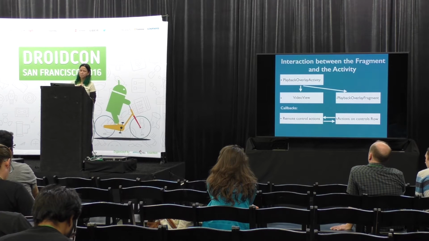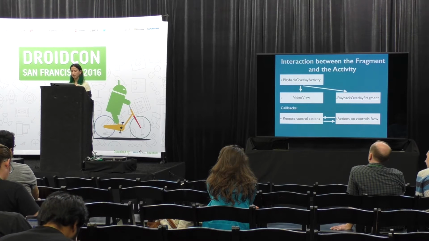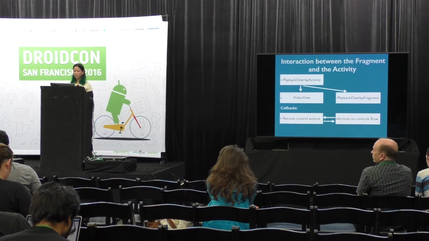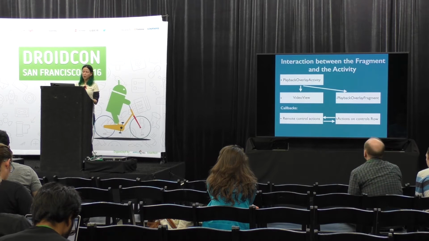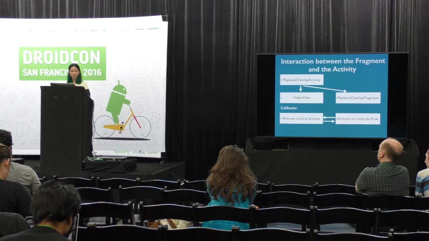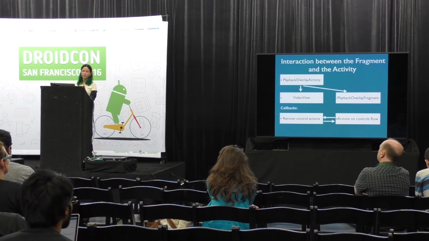Now, the playback overlay activity contains the video view, and it also contains the playback overlay fragment. And there are two ways to control the video. One is by clicking on the actions on the control row that is in the fragment. And the other is by just clicking the remote control for pause or play. And they need to interact because the remote control actions need to work directly on the video view.